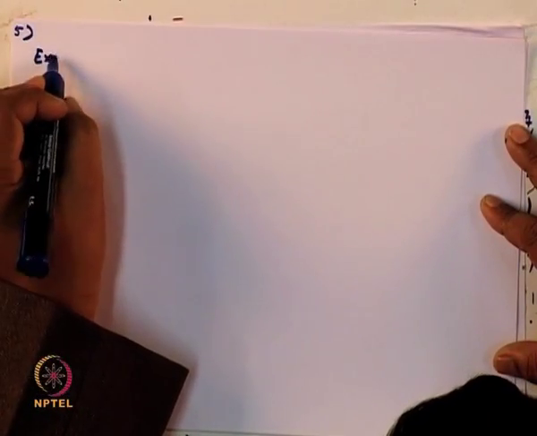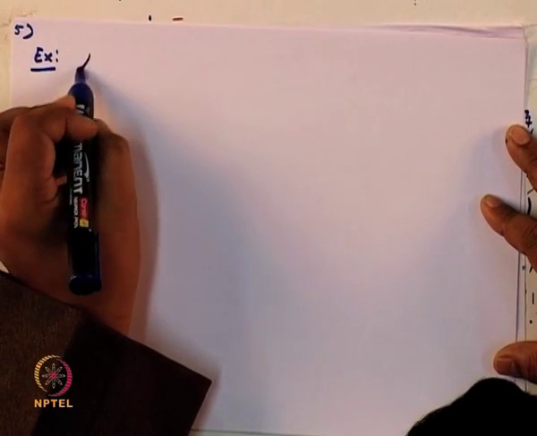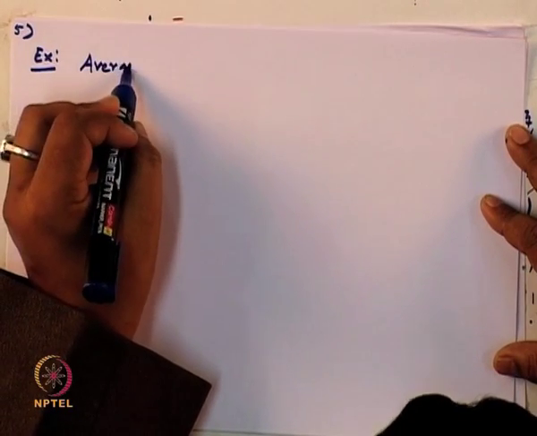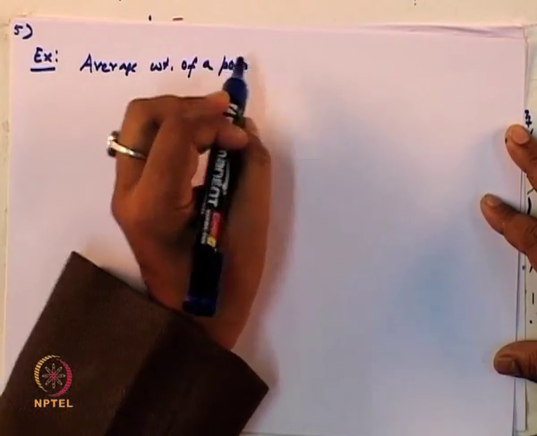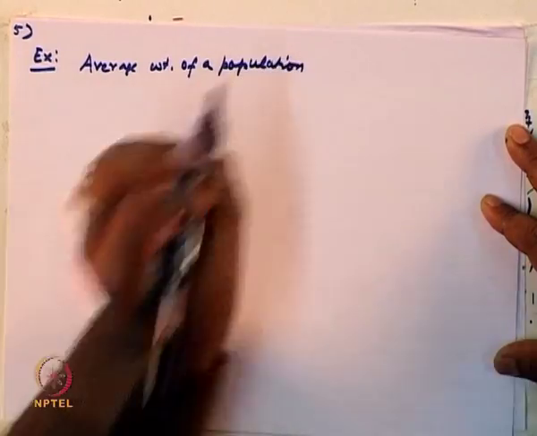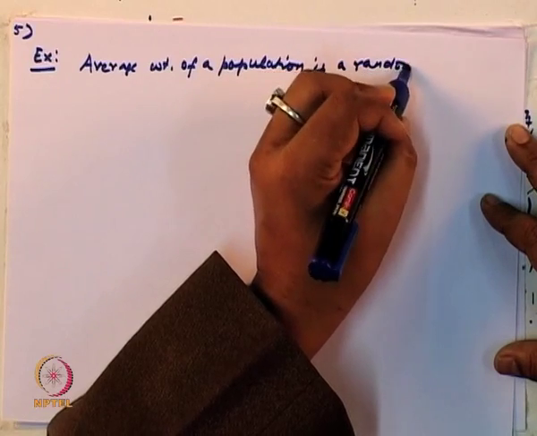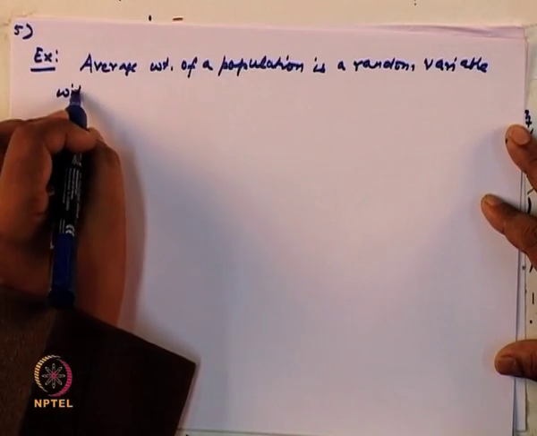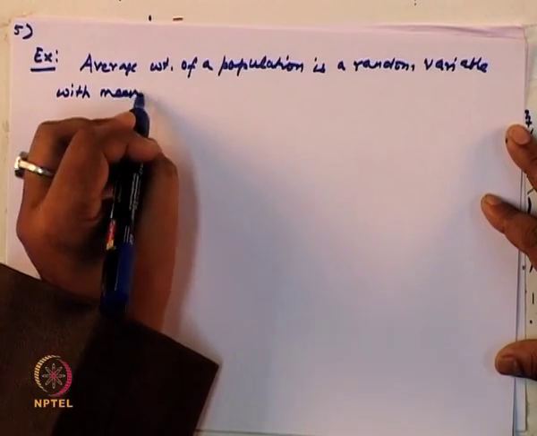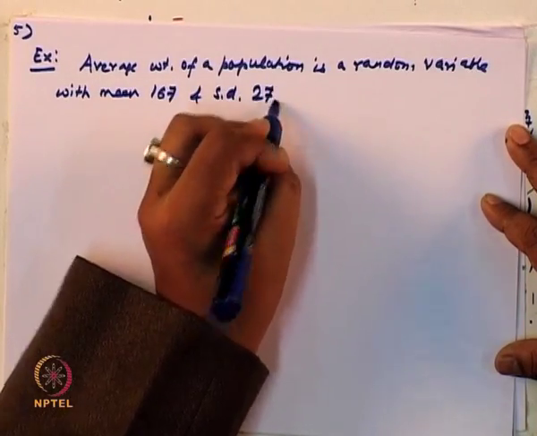Let us take an example. The average weight of a population is a random variable with mean 167 and standard deviation 27.